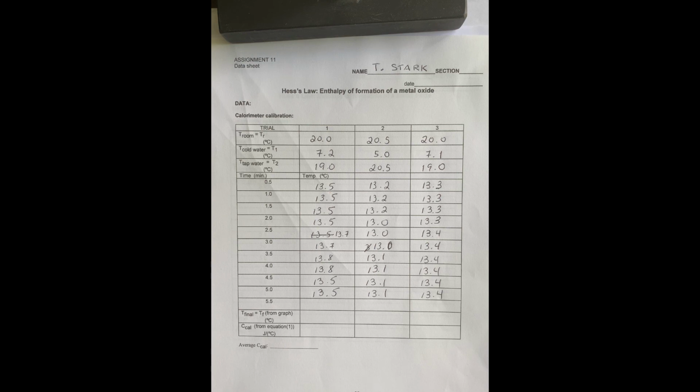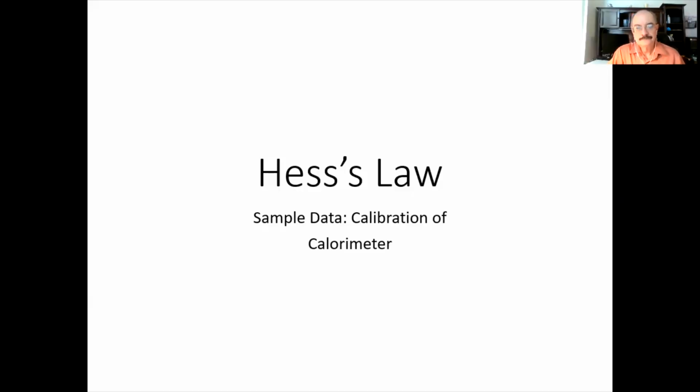Okay, so let's go to our presentation. Okay, here we go. This is going to be our data set here. And what I do is I'm going to go to a sample here.